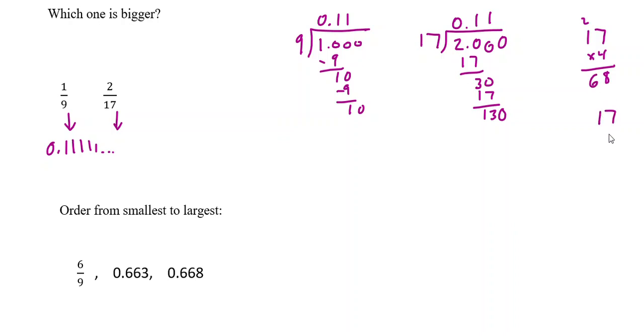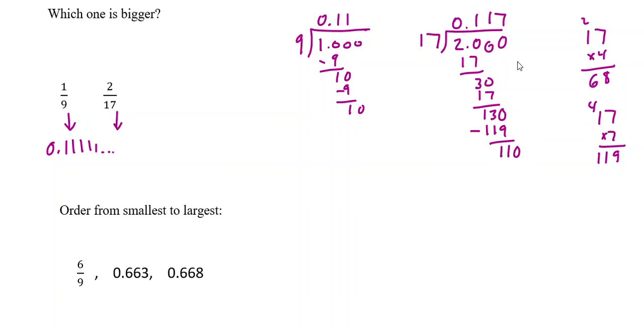So 17 times 7. 7 times 7 is 49. 7 times 1 is 7, plus 4 is 11. So 7 times, and 119, and we're going to subtract, and that's going to be 11.